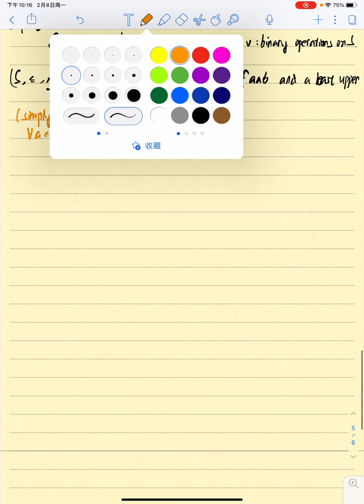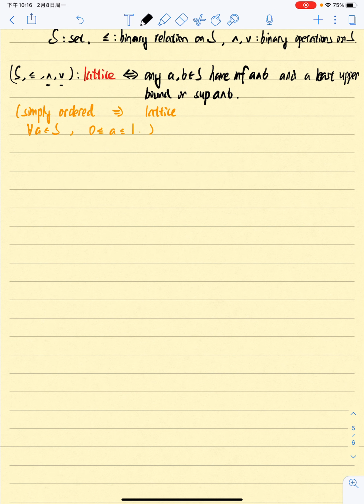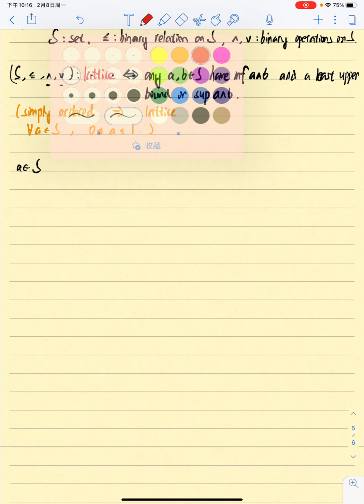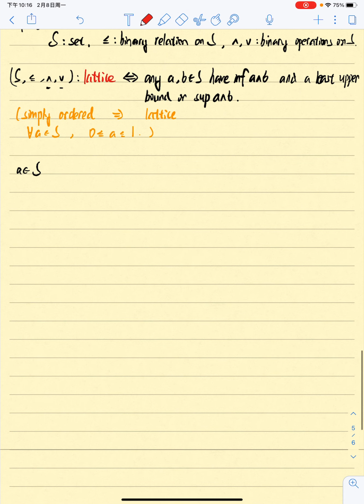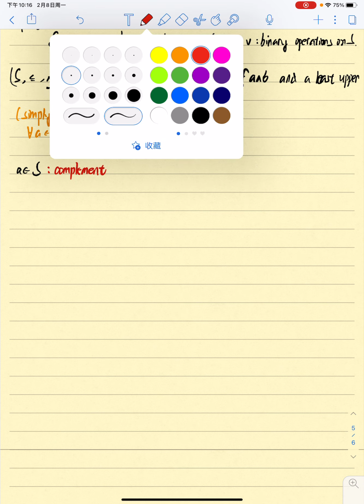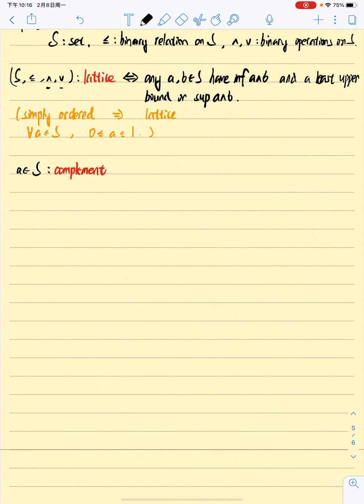Okay, we call an element A in the lattice a complement if A prime is 0, A prime is 1.